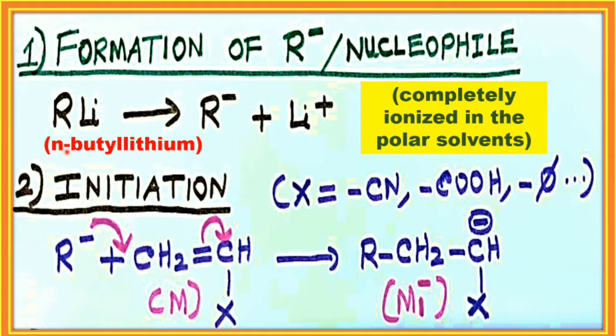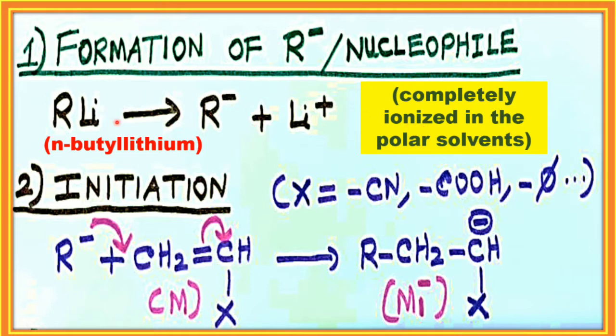For example, alkyl sodium, alkyl lithium, aryl lithium, aryl sodium, or Grignard reagents, organometallic reagents, are used as anionic initiators. For example, N-butyl lithium undergoes dissociation to give R minus, the N-butyl anion, plus Li plus.